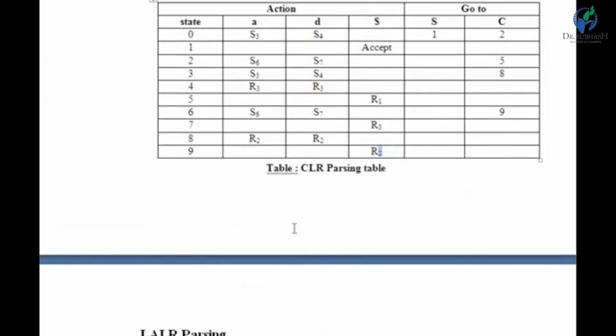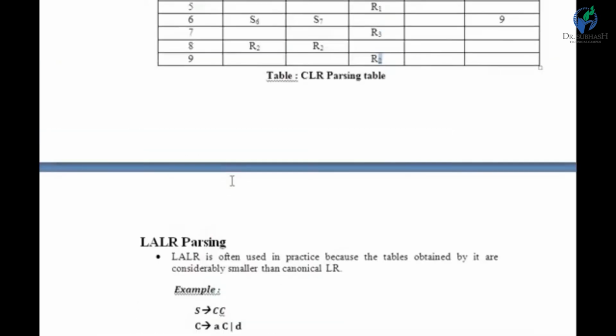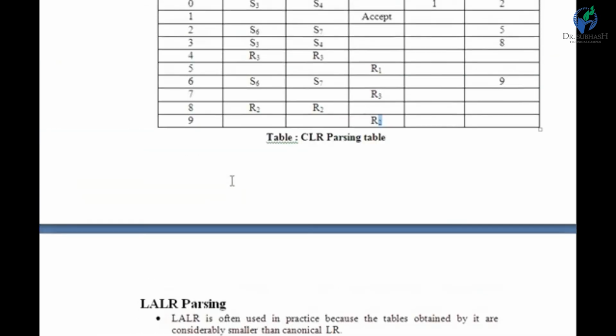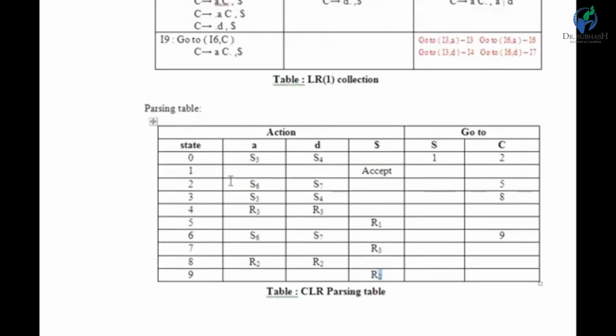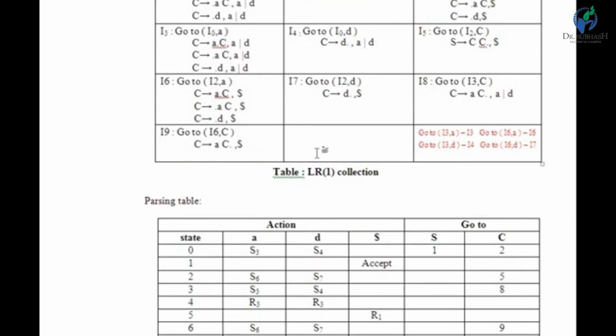Here, states 3 and 6, 4 and 7, 8 and 9 are the same states. How can you find I3 and I6?